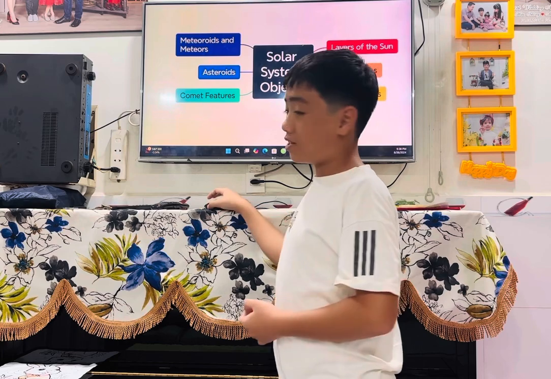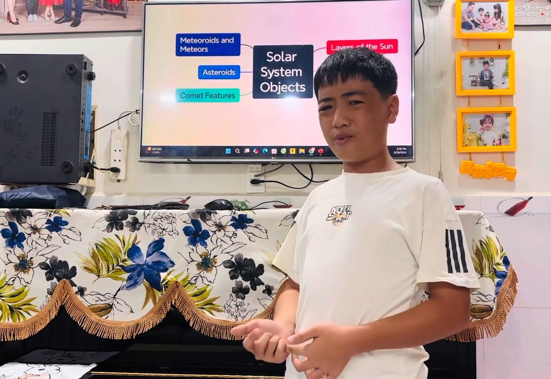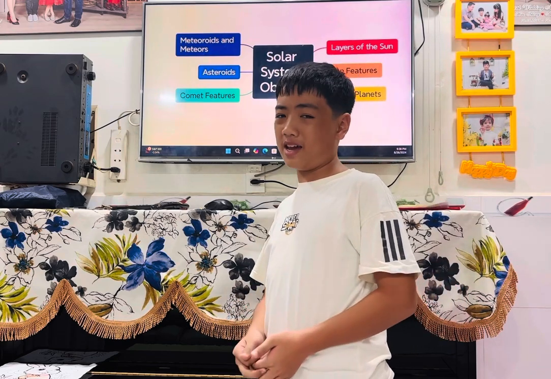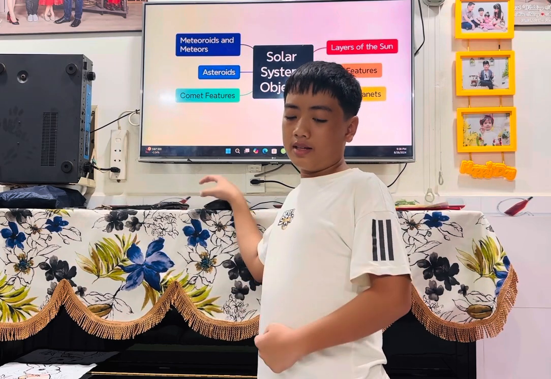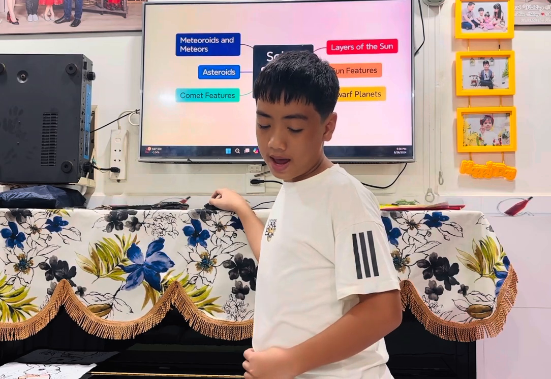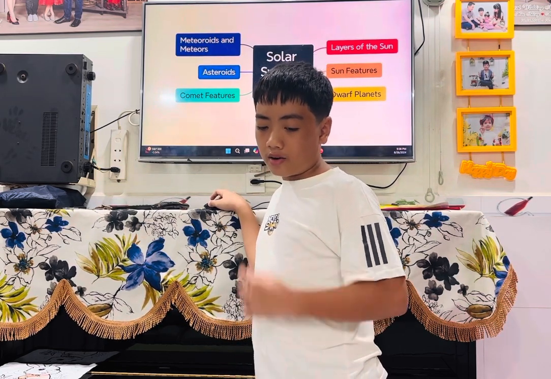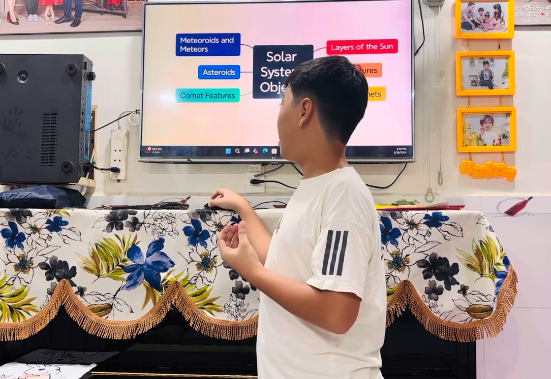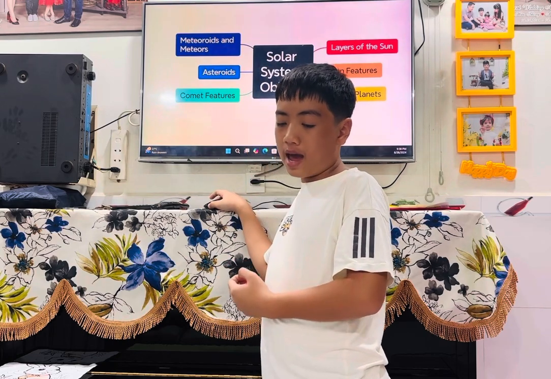Next, we have asteroids. Asteroid is just the name of one thing, but it has actually two other names. So this is what I call a 3-in-1. So one object can have three names. First, we have asteroid, which looks like a rock you would find outside, irregular, very small, of course, and they can be found in the asteroid belt.